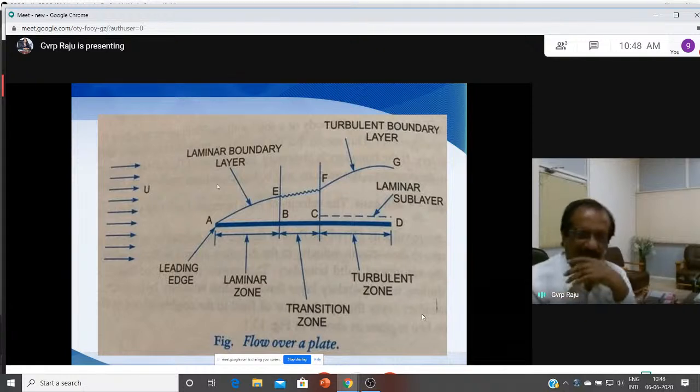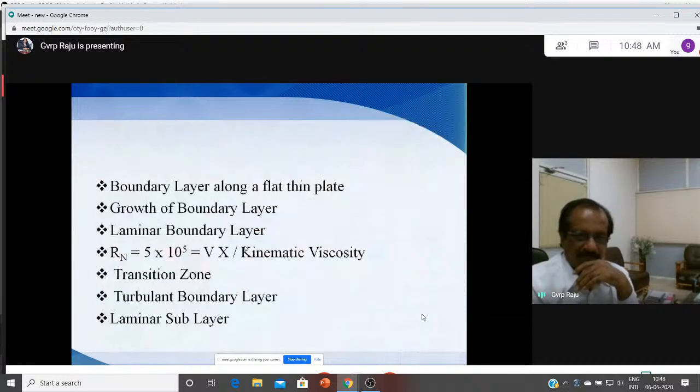For the flat plate, the value of Reynolds number is 5 into 10 power 5. You should remember this. You should not take less than 2000 for this case. For a long flat plate, considering the laminar boundary layer, you can expect laminar flow in the boundary layer area when the Reynolds number is less than 5 into 10 power 5.